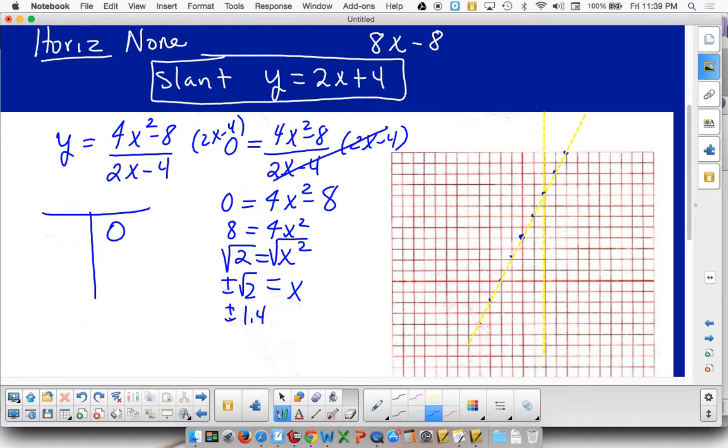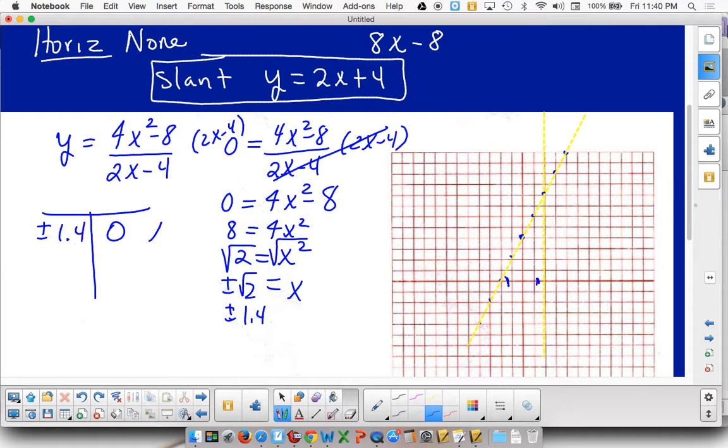So I know this one hits the x-axis at plus or minus 1.4, somewhere over in this range. That tells me, is it going to be in between the two asymptotes, or stay on the outside of them? And obviously this one's going to be in between the two asymptotes. So I've got my x-intercepts at plus or minus 1.4.